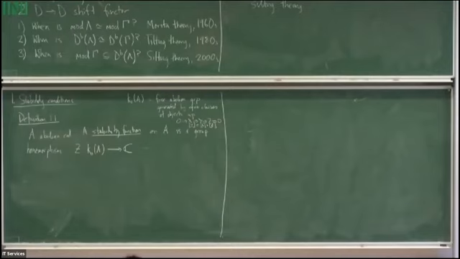So it's sort of an abelian group approximation of your category.